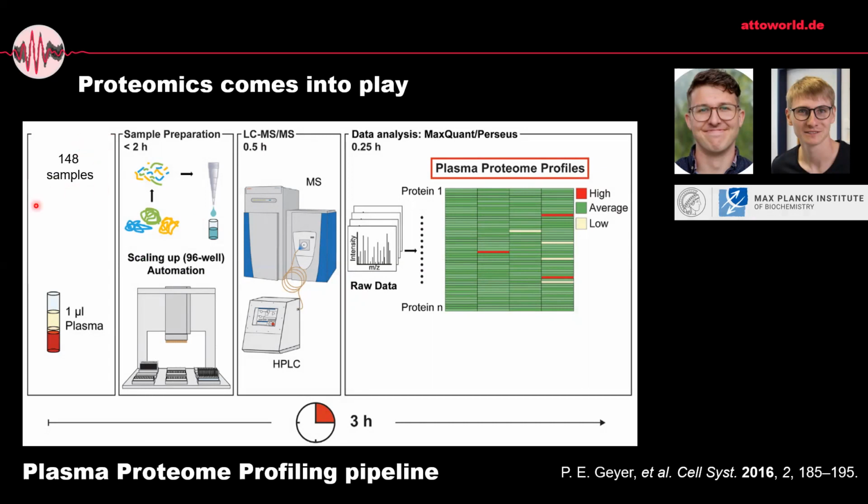In our case, it was almost 150 samples using just 1 microliter of plasma, although we of course delivered slightly more than that. They use a robot to automate the whole process and do all the sample preparation steps basically in 1 vial. What comes out of this process is a list of proteins present in each sample.